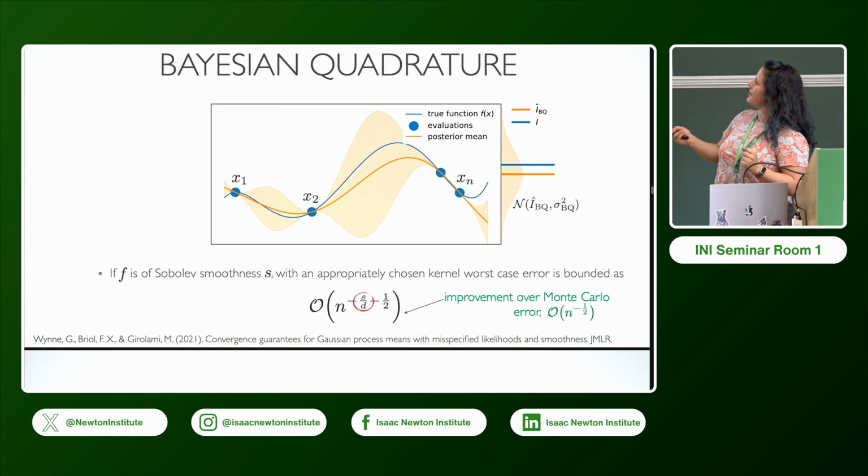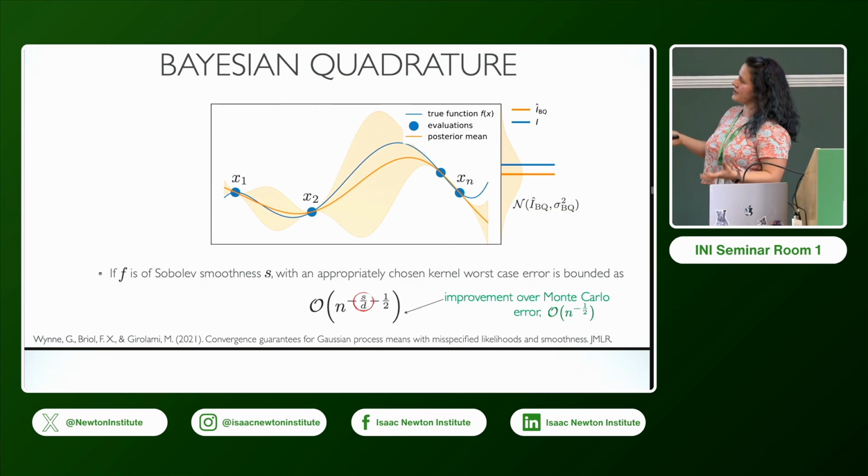And if I choose an appropriate kernel, appropriate means it's of smoothness S or higher, then the worst case error of the integration is bounded as such, where S is the smoothness of the function and D is the dimensionality of the problem. And this, of course, is an improvement over the Monte Carlo error that I mentioned earlier of 1 over square root of n.